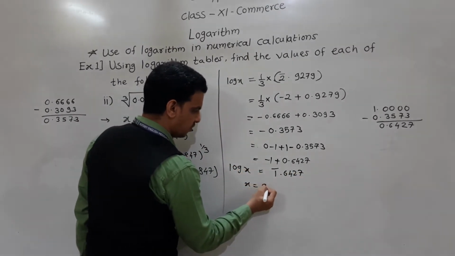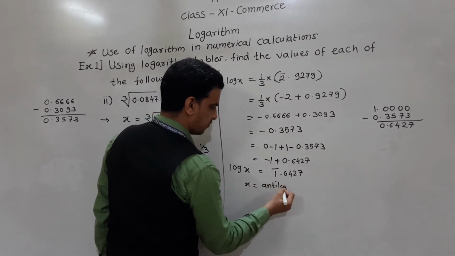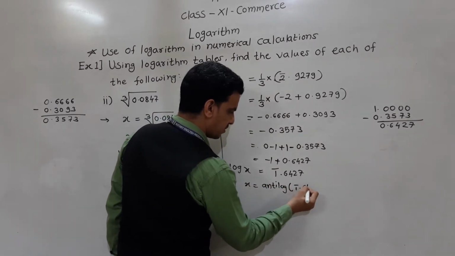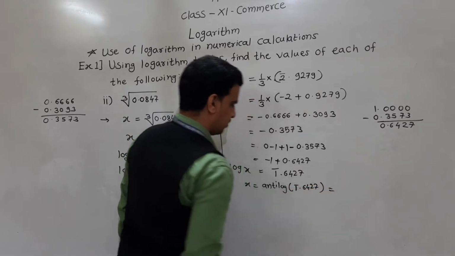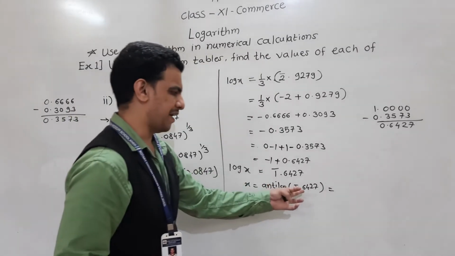X is equal to the antilog of bar 1.6427. So minus 1 is the characteristic. Okay, now we have to find the antilog.